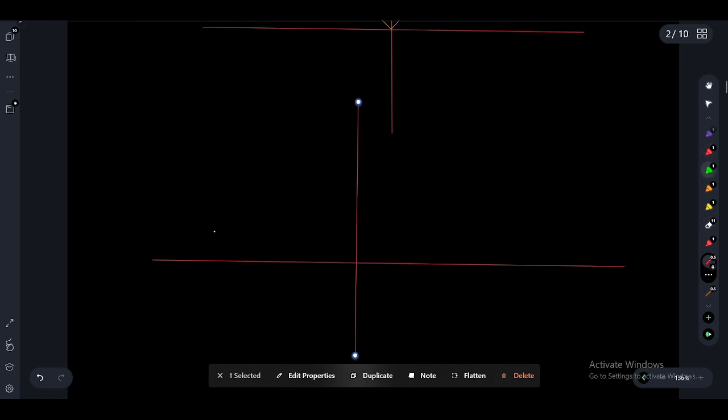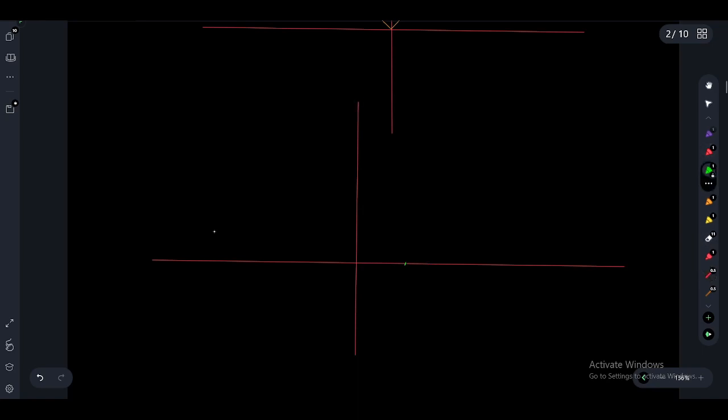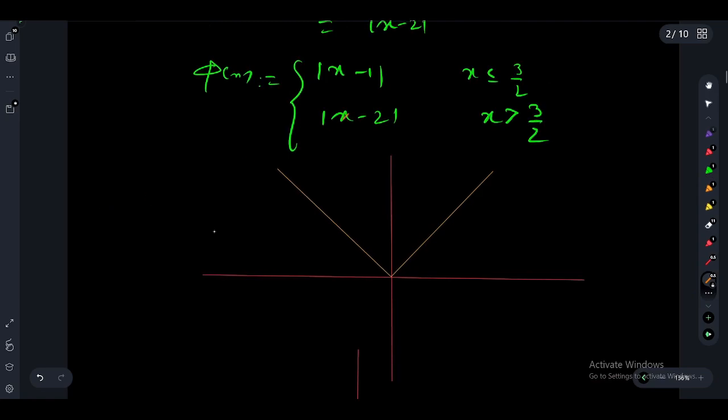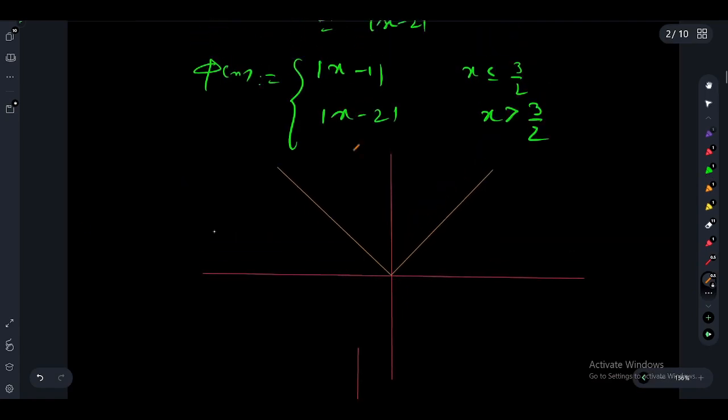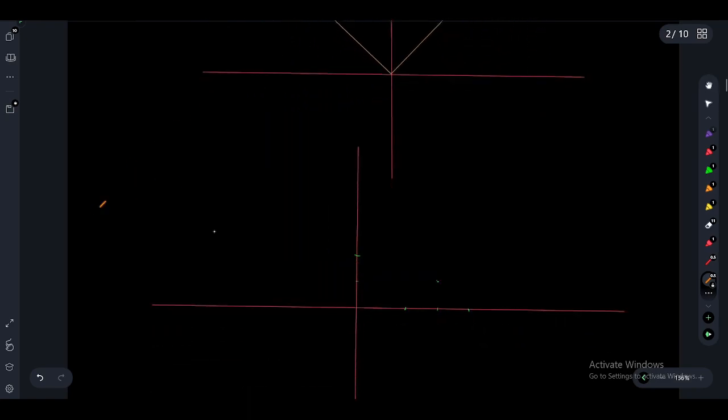Suppose this is 1, this is 3/2, this is 2. We get a V at x equals 1, but remember that for |x minus 1| the domain is from minus infinity to x equals 3/2. So the graph looks like this.